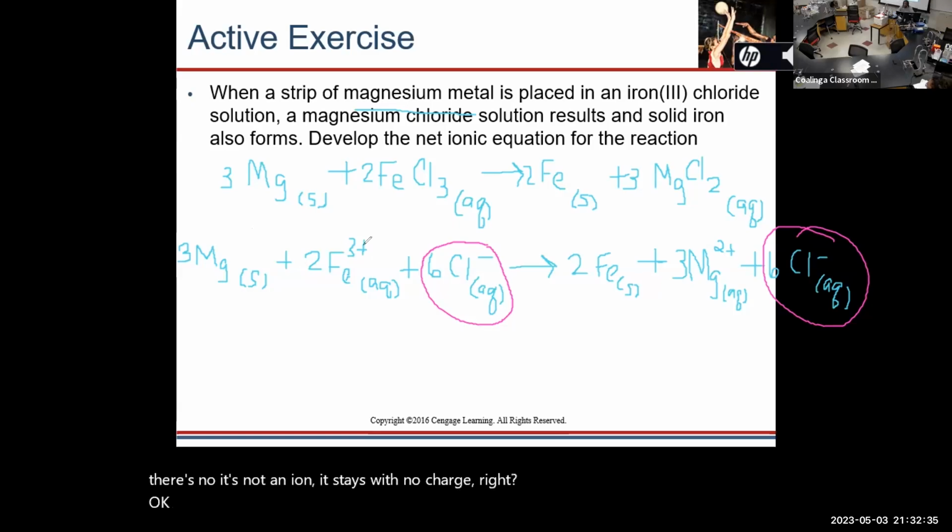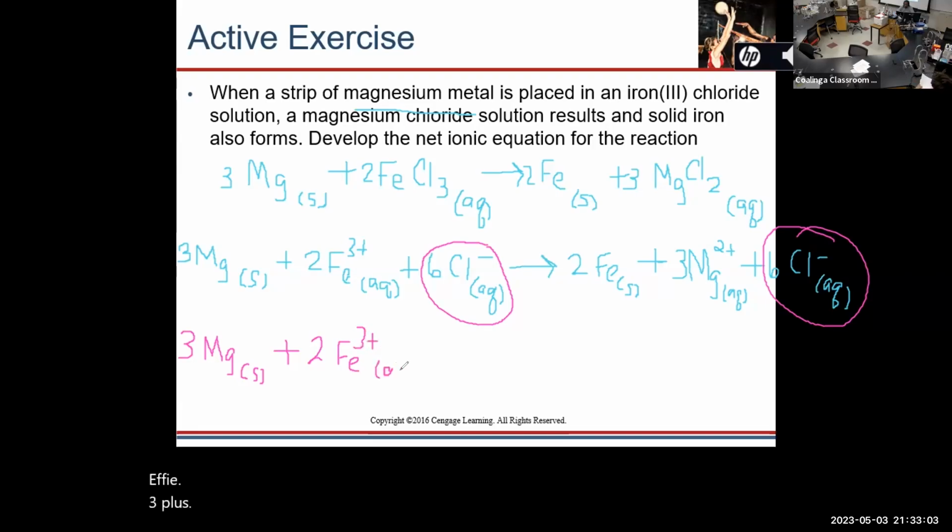Okay, so then these are our reactants. So when we break it down, our net ionic equation is going to be 3Mg solid plus 2Fe 3 plus, it's going to yield 2FeS plus 3Mg 2 plus.